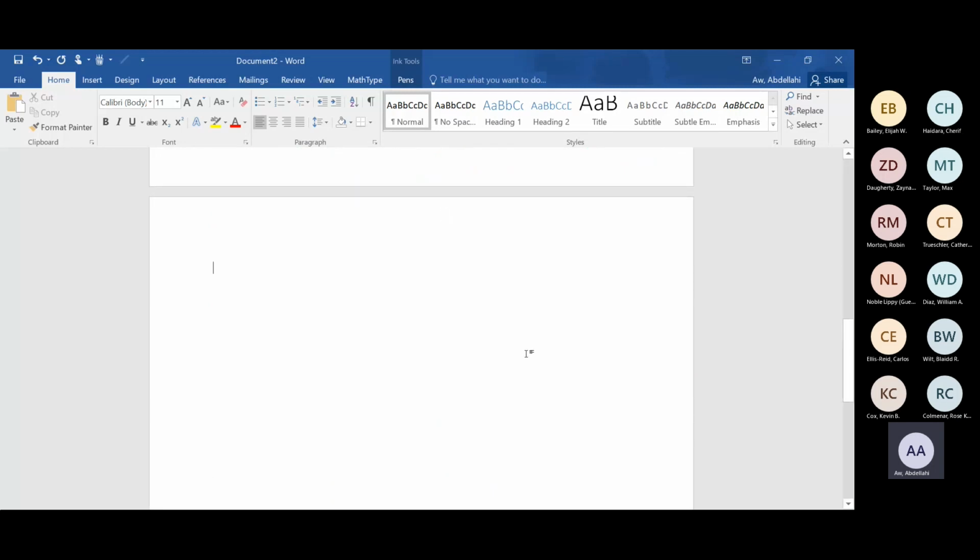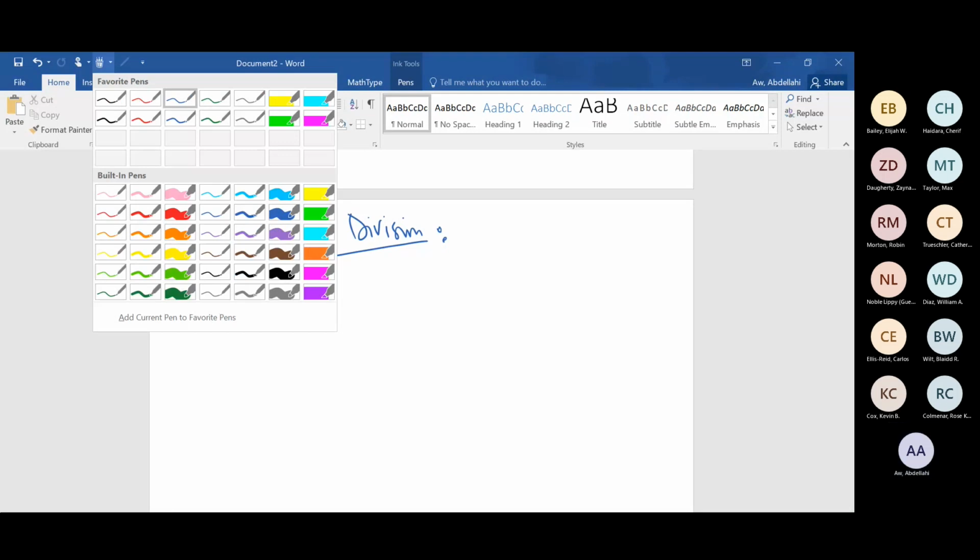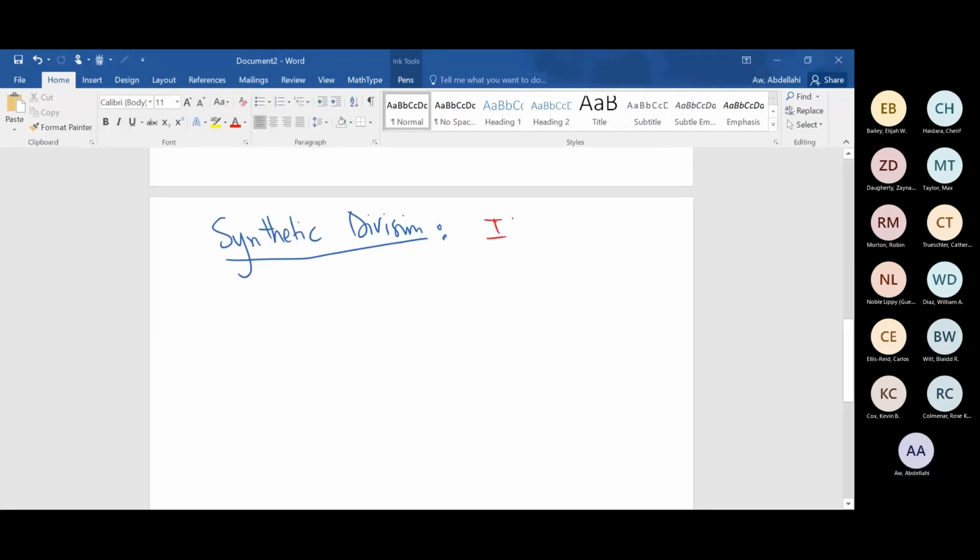Now we're gonna see a synthetic division. That is another way of dividing, which is very particular. The synthetic division, we're going to do it if the divisor is of the form x plus c or x minus c.